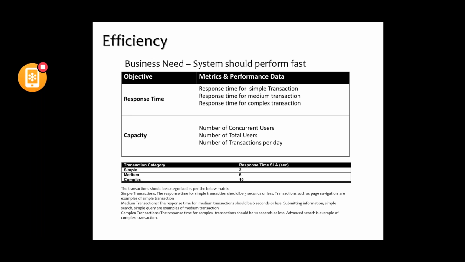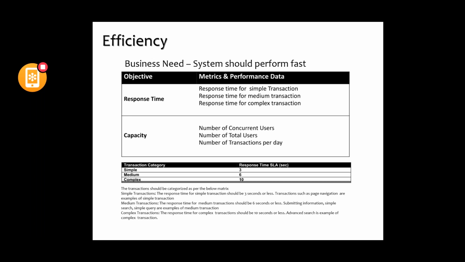Rather than doing it for every requirement, we categorize them into simple, medium, and complex, and define the response times. Efficiency also has a different perspective, that is the capacity.